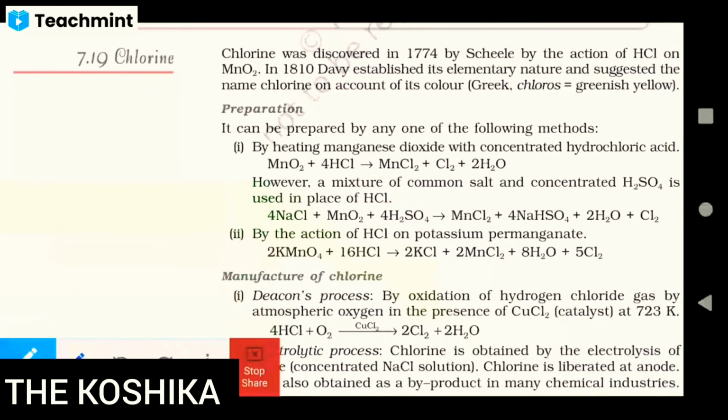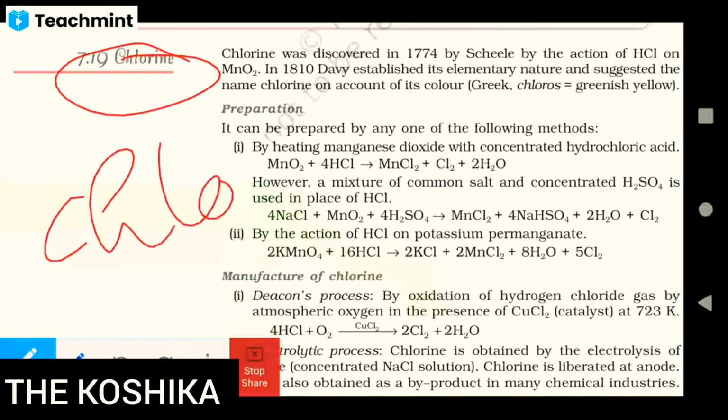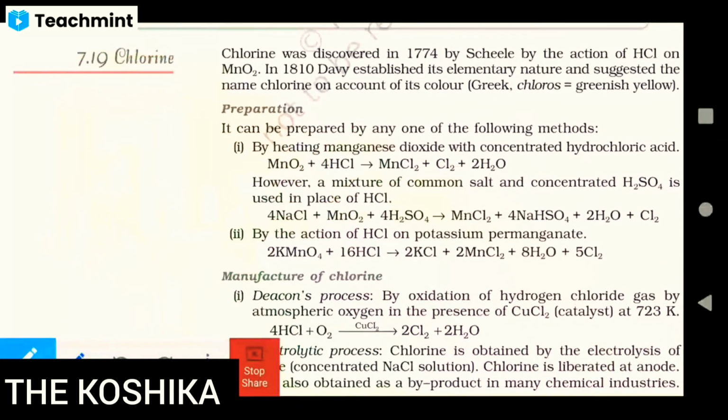As you know, chloro stands for green. Chlorine का कलर ग्रीनिश येलोविश होता है, इसलिए इसको क्लोरो कहा गया. चलिए स्टोरी समझ लेते हैं, फिर से जल्दी से रिकैप करते हैं. Chlorine was discovered in 1774 by Scheele by the action of HCl on MnO2.